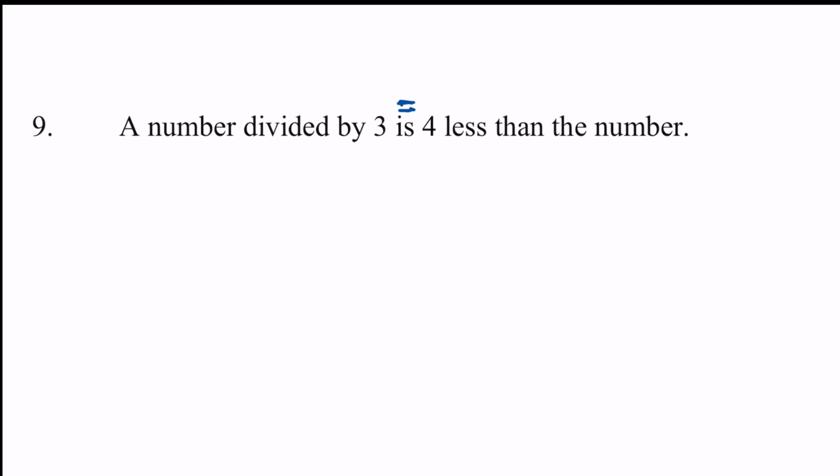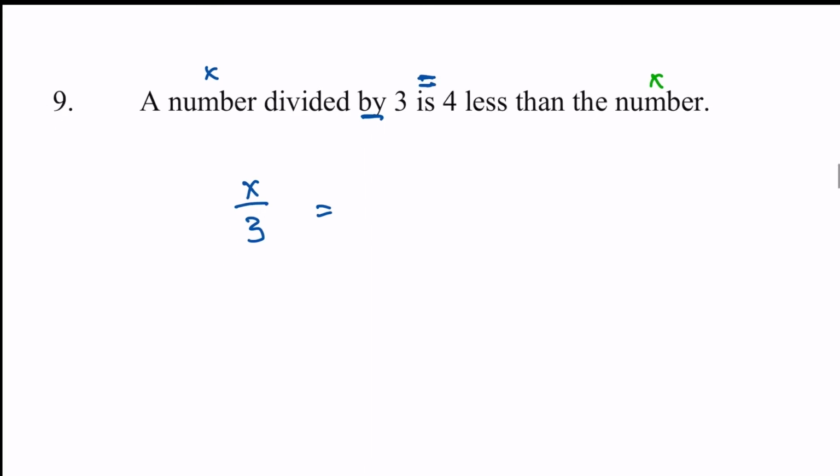A number, so x divided by 3. So again, the by right there is implying that 3 is the divisor and x is our dividend. And so that is going to be equal to 4 less than a number. So again, be very careful here because our number is x and we're going to go 4 less than that number. So if we want to think about it, this number is our larger one.